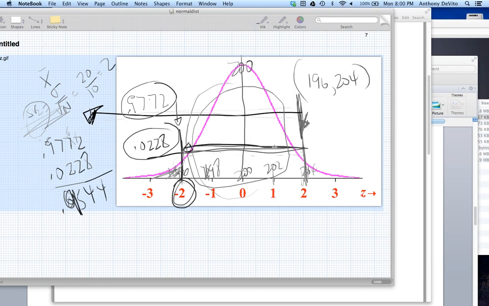So this area between these two is going to be 95.44%, or as a probability, 0.9544. A bit more than the 95% estimate that the empirical rule gets us, but this is more exact.